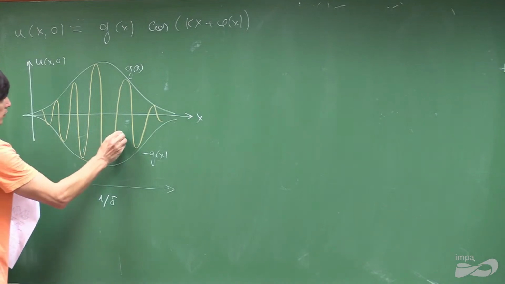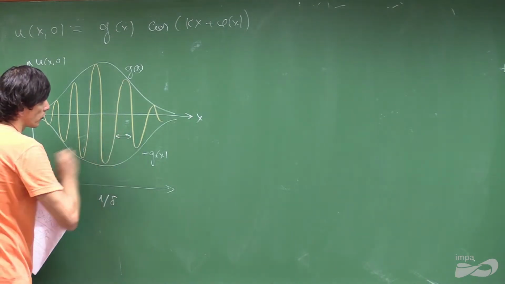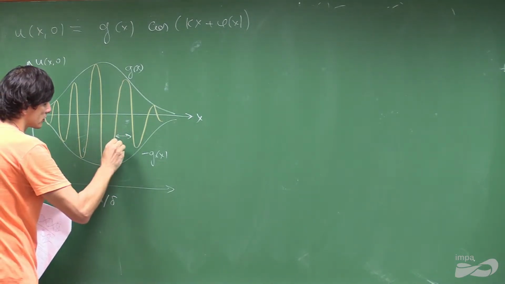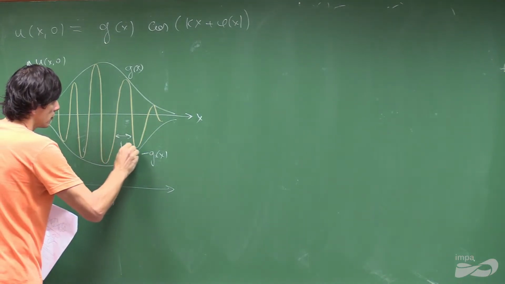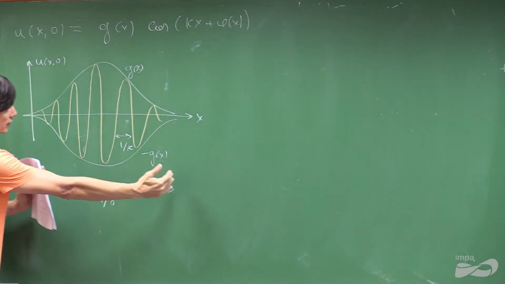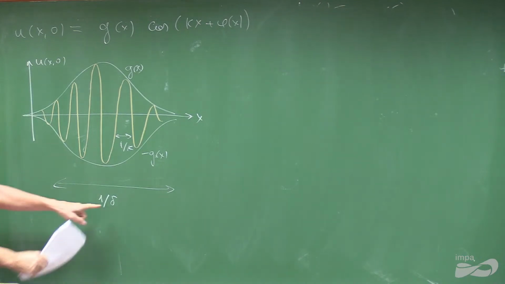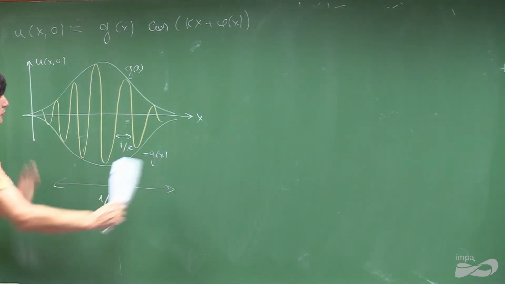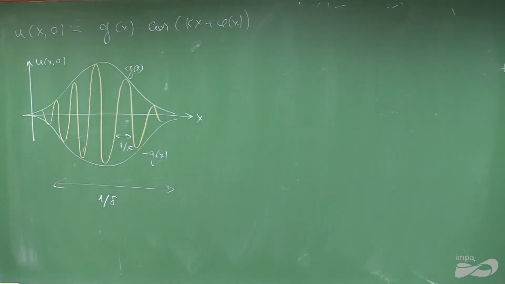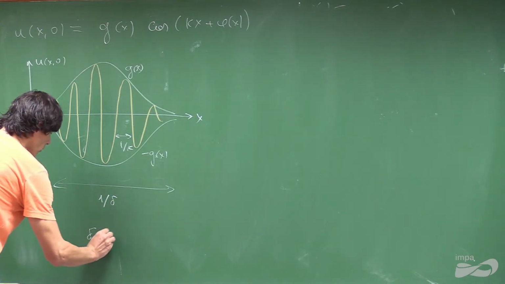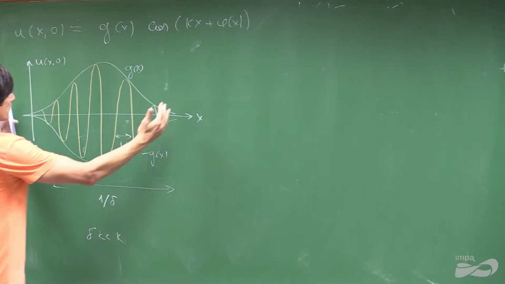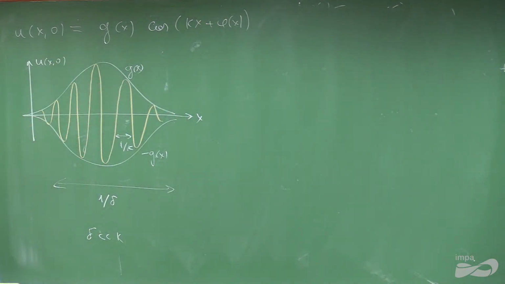So when the wavelength is of order 1 over k, the size of the envelope is 1 over delta, and delta is much smaller, which means that the envelope is much wider than the oscillation of the cosine. Okay, so that's the initial condition.